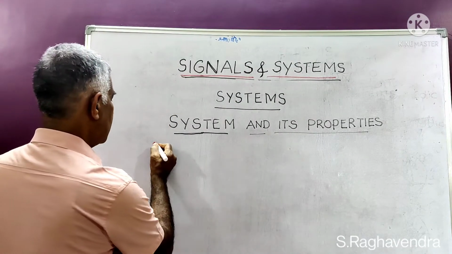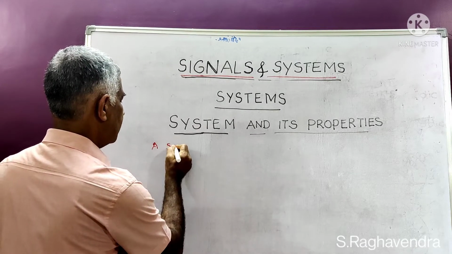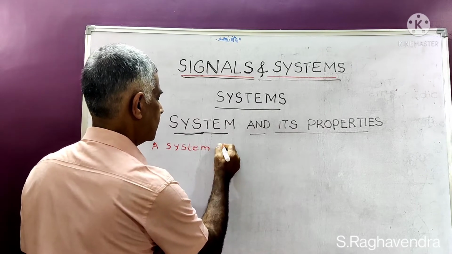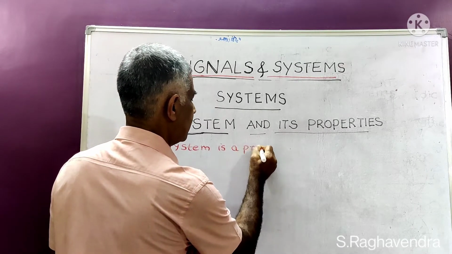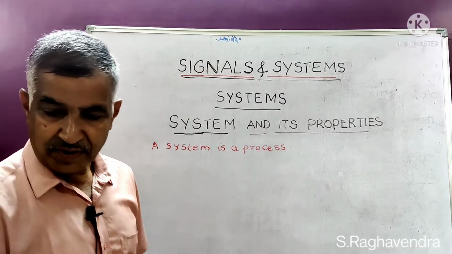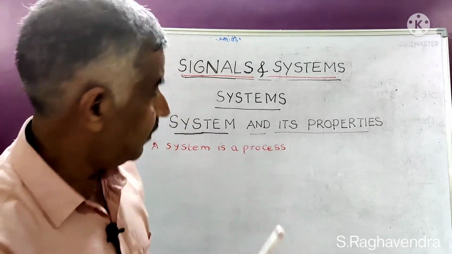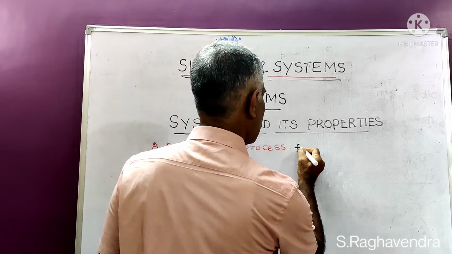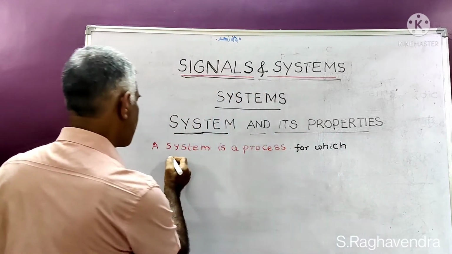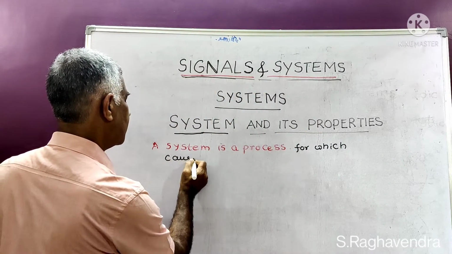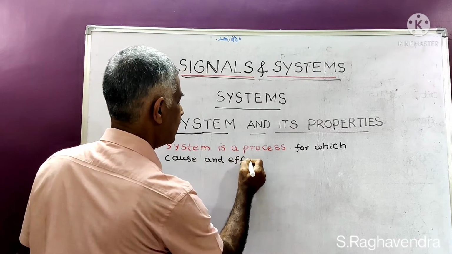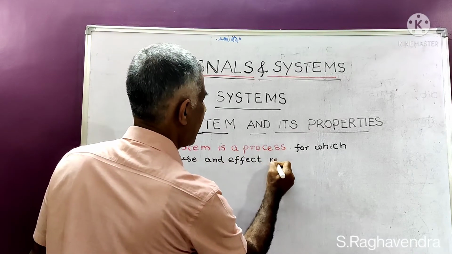System. What is a system? A system is a process for which cause and effect relations exist.